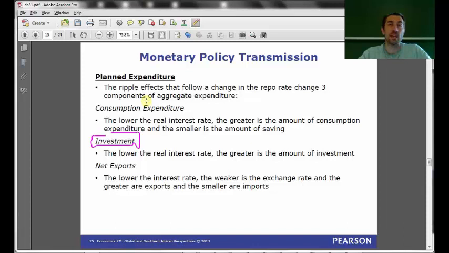If government spending is sensitive to interest rate changes, government spending might change. And then what we are going to see tomorrow is that net exports are also sensitive to interest rates, and they will change as well. But all of these effects are in the same direction, so we don't need to get confused about which way they're going. They all work in the same way. And we just focus mostly on the investment effects.